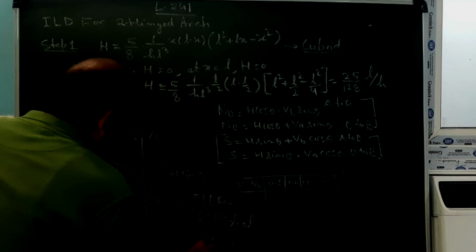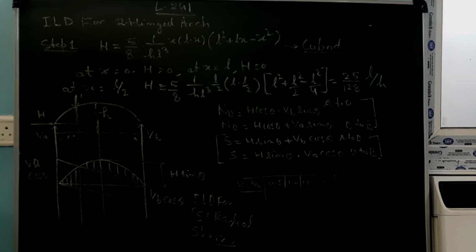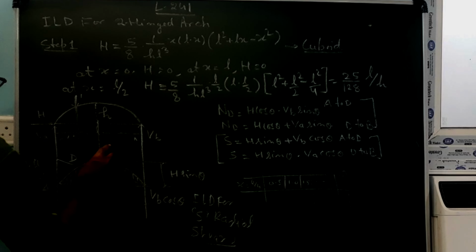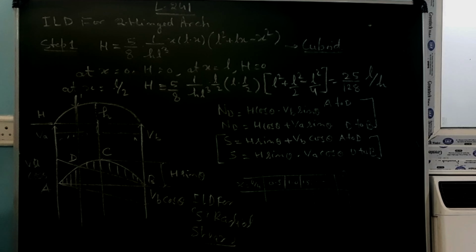So with the help of this diagram, you can always find out the three diagrams: for the bending moment, for the normal thrust, and for the radial shear. This is A to D. This is your point A. This is your point D. This is your point C. This is your point D. This is the ILD for this.